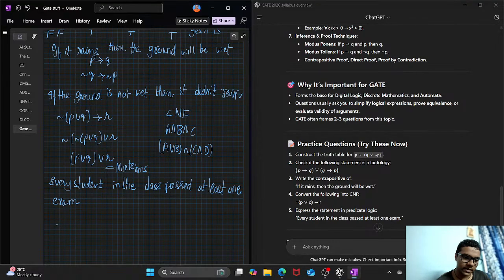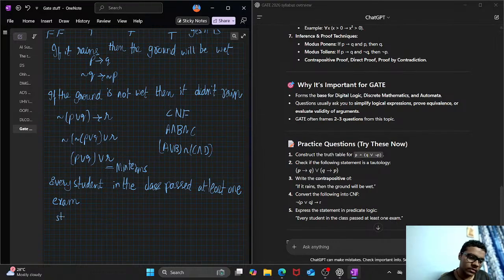So every student in the class, for all x, if x belongs to the class, s of x. How to represent this in predicate logic?